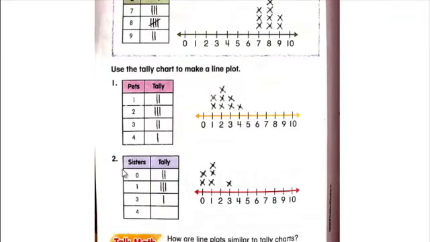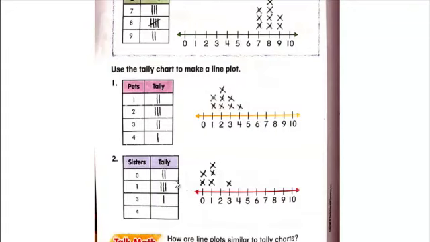Example number 2. This tally chart is divided into 2 columns. First column called sisters, 0, 1, 3, 4, and second column called tally.